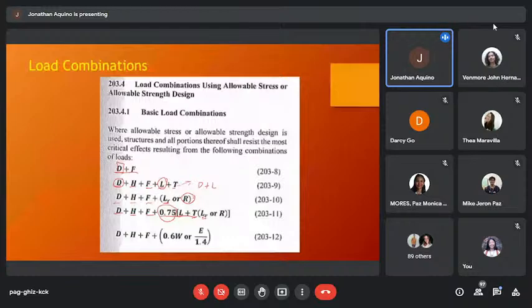Then the fifth combination considers wind loading or seismic loading. For reinforced concrete design of a medium-rise to low-rise building, wind loading will not govern. The governing case will be the combination of earthquake and dead load. Take note that with earthquake, the combination is only dead load and earthquake.